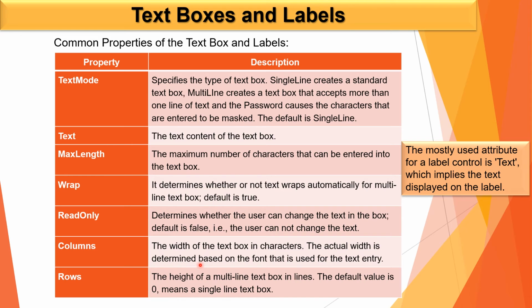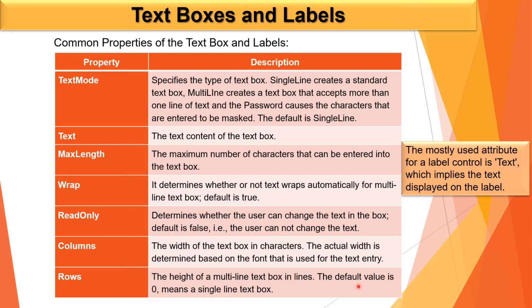The actual width is determined based on the font that is used for the text entry. Also in the Rows property, the height of the multi-line text box in lines, how many rows we can create.